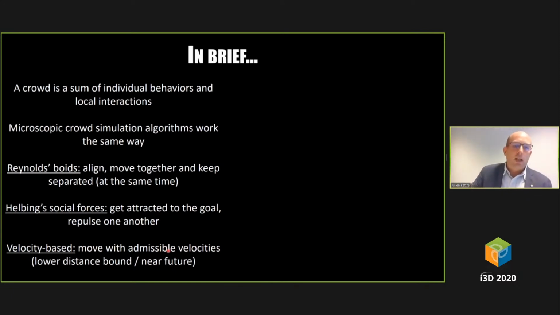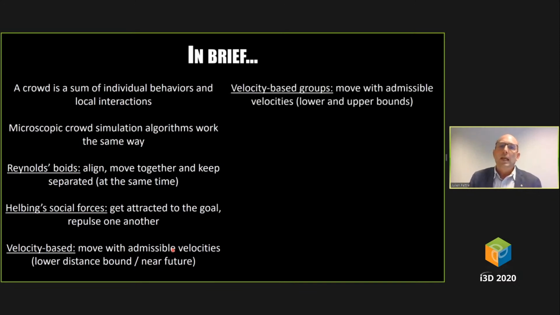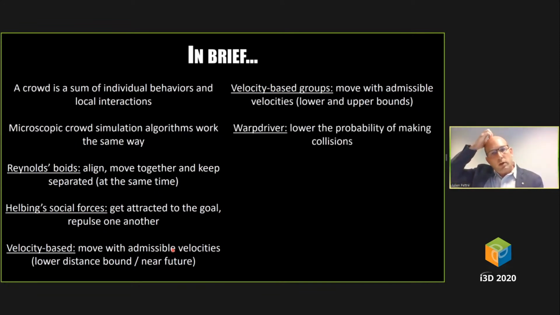But the idea is that the agents move with admissible velocities and they keep, for example, a lower distance bound with neighbor agents in the near future. You can perform group simulation by adding an upper bound to this rule. And Warp Driver is exploring some more complex prediction mechanism and changes also the rule by which agents move, to make them locally minimize the probability of a collision.